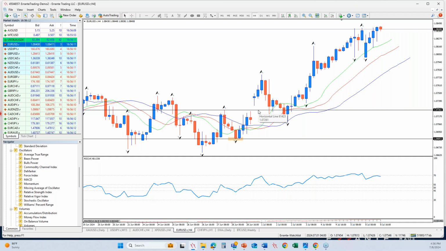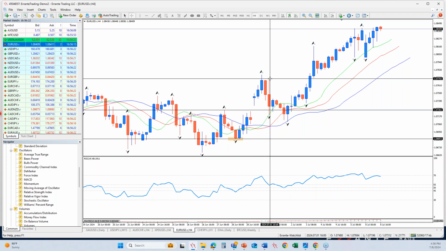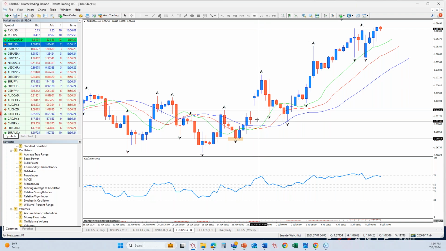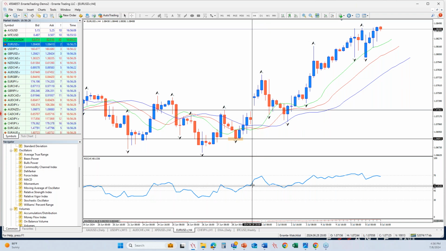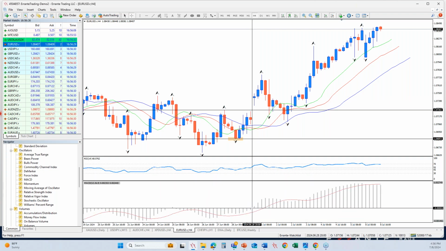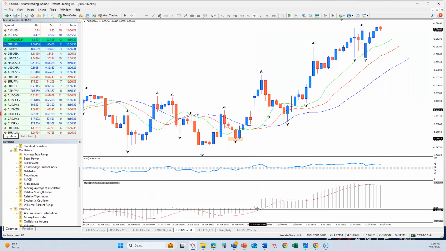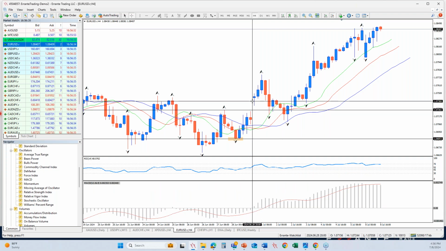Okay, if the price breaks above the up fractal, as we see happened in this gap, with a strong momentum and volume, while we see the RSI confirming the upward momentum, and also the MACD by crossing the zero line is confirming this upward momentum, it might signal a bullish breakout suggesting a buy opportunity.